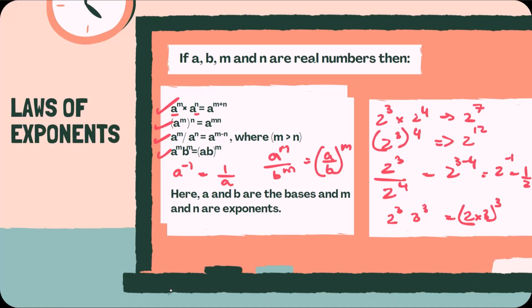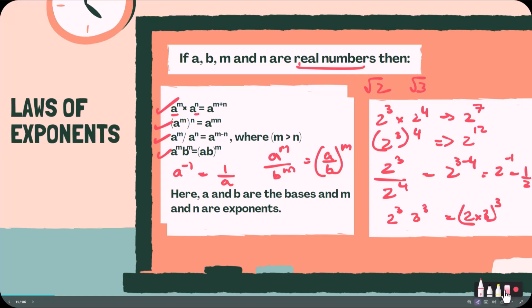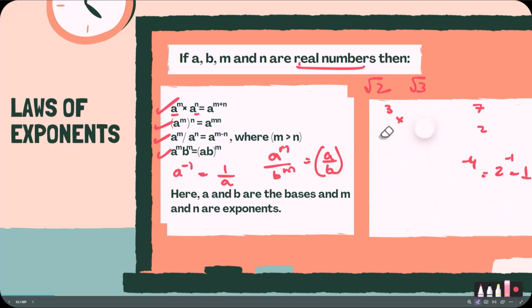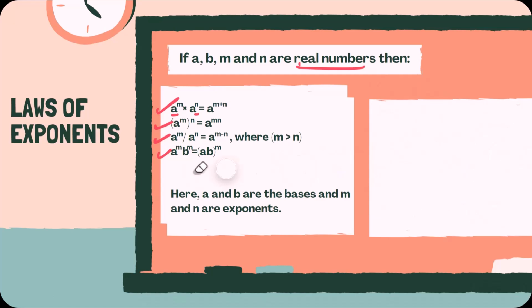The same will repeat for root 2, root 3, for irrational also. Instead of 2 and 3, a and b, it can be root 2, root 3 and all. That's all. There isn't much difference. We have learned this topic in previous grades, but we'll do it and understand more about it. So these are the laws of exponents that we'll be using in the coming class.